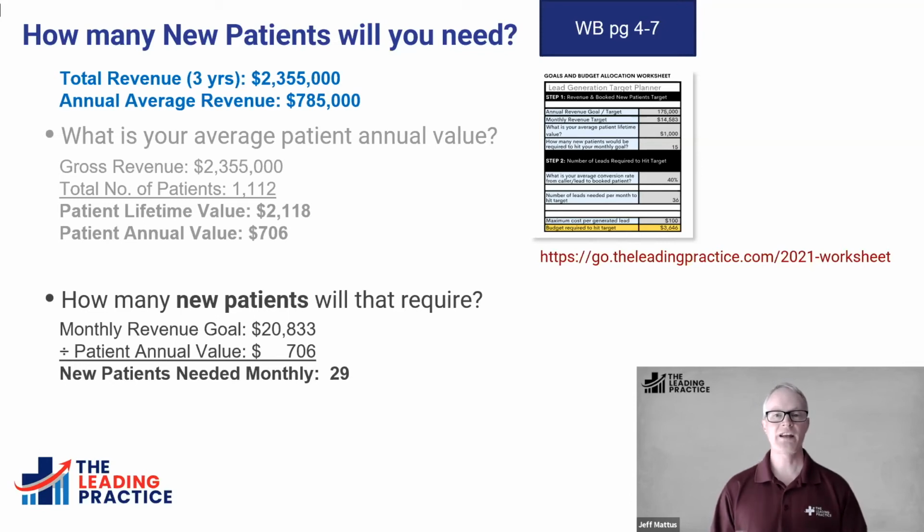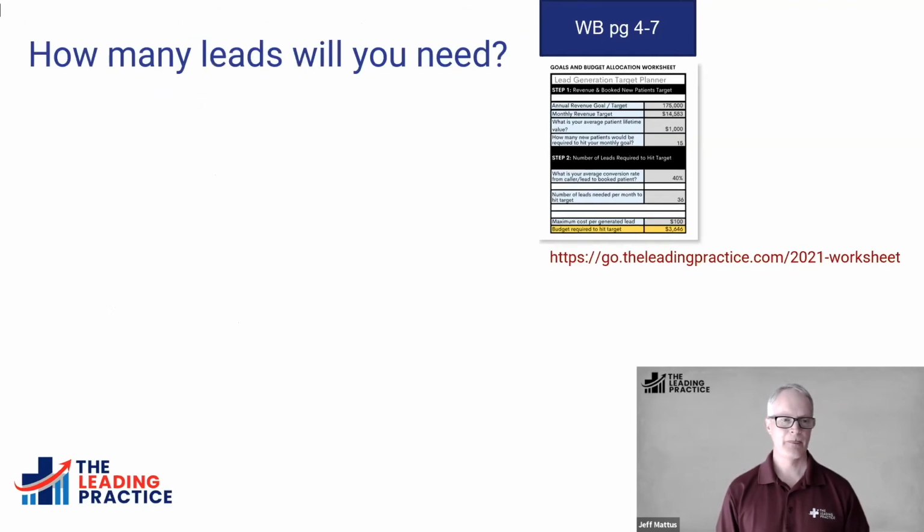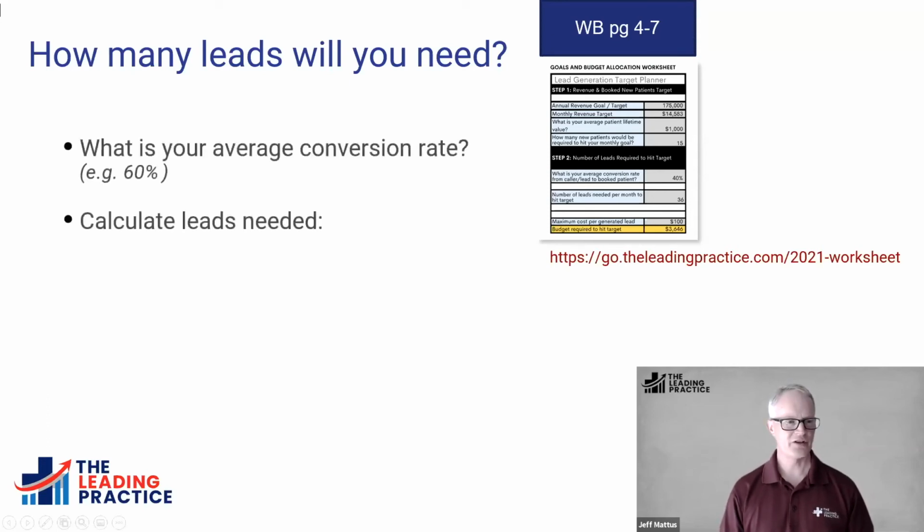We need 29 new patients each month, at least, in order to reach our goal of a revenue increase of $250,000. But not every lead is a new patient. So how do we determine how many leads we need to generate from the variety of different sources that they come from?